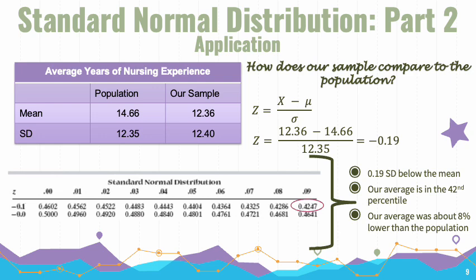What does that mean? That means our average is in the 42nd percentile. So our average is about 8% lower than the population. So our sample is fairly representative of the population.